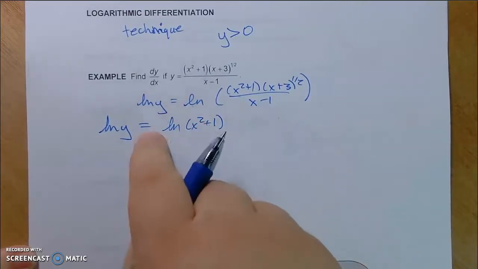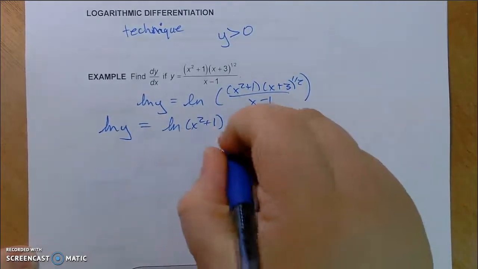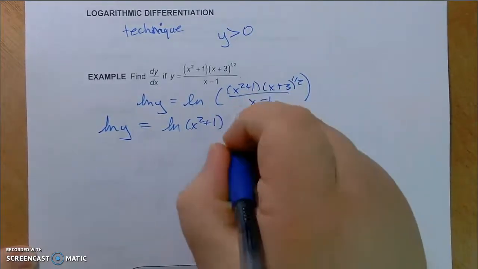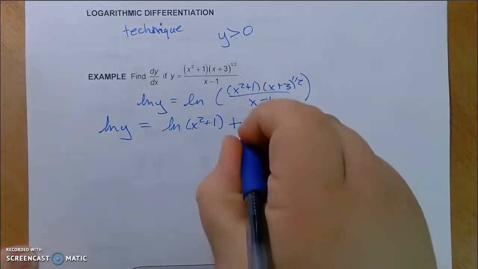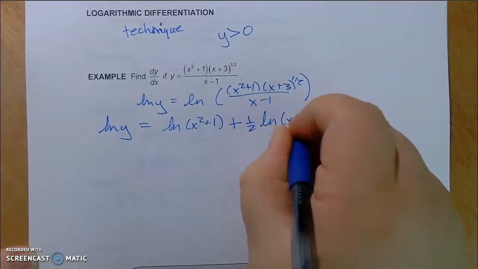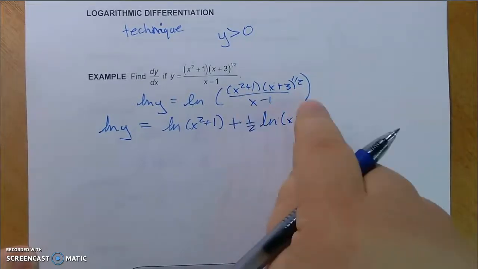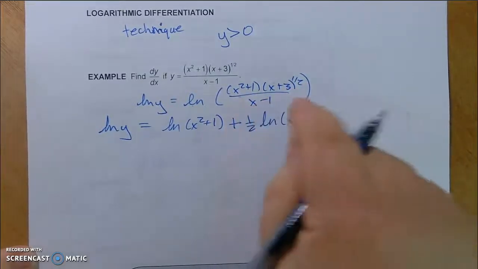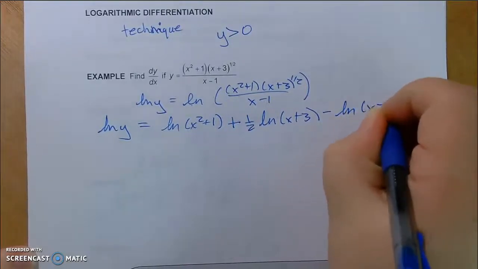This exponent does not get pulled in front because it's not of the whole thing, so we're going to leave that there. This next one is in the top, so we're going to add. There's a power on this, so that's going to be 1/2 natural log of x plus 3. No more in top, so it's going to be subtraction for the rest. This is in the bottom, so it's going to be minus natural log of x minus 1.